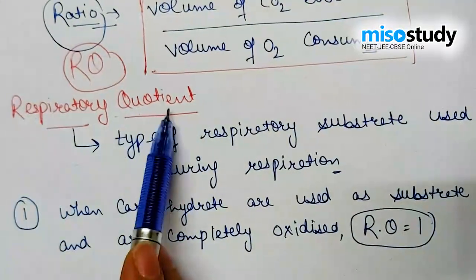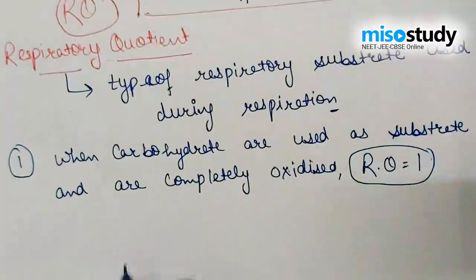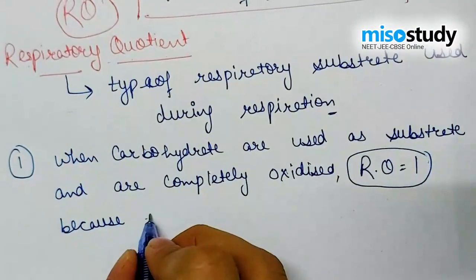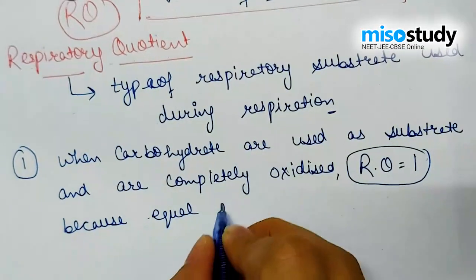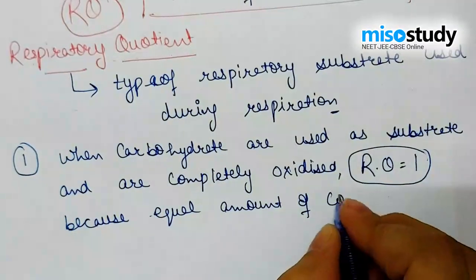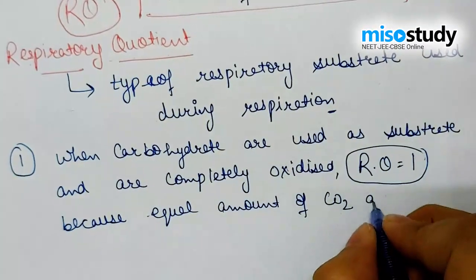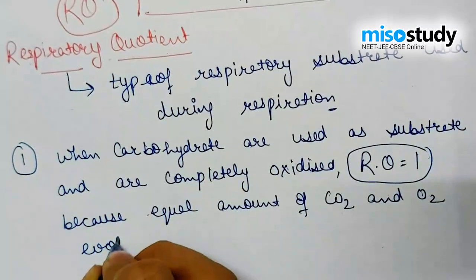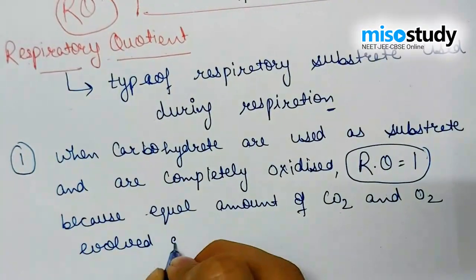RQ is the respiratory quotient, because in that case equal amounts of carbon dioxide and oxygen are evolved and consumed.